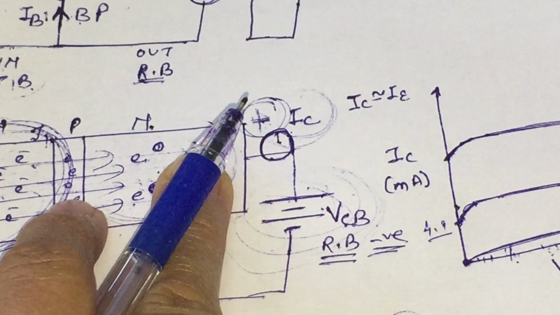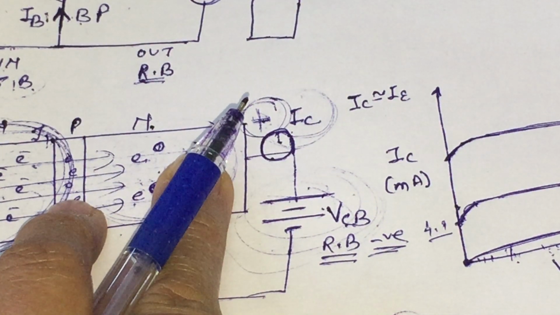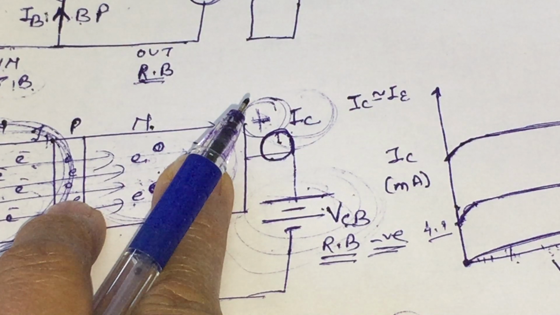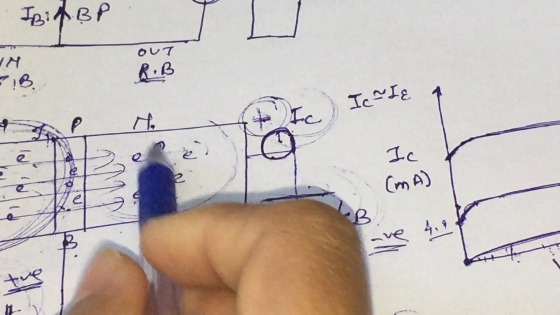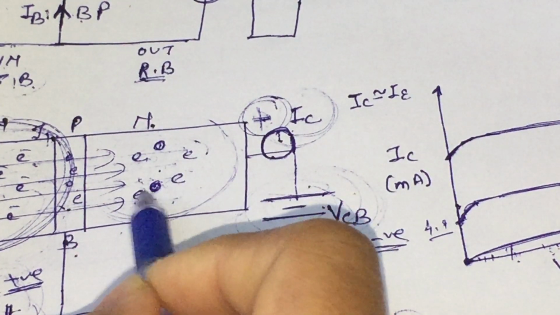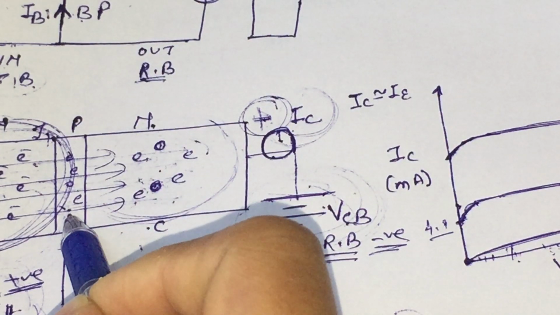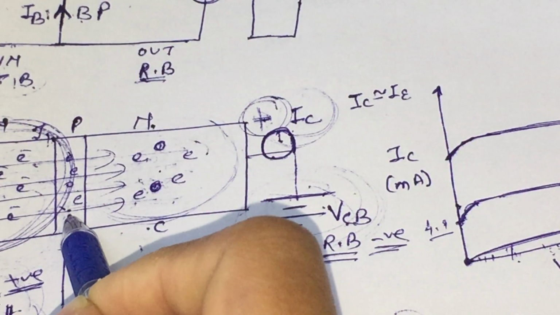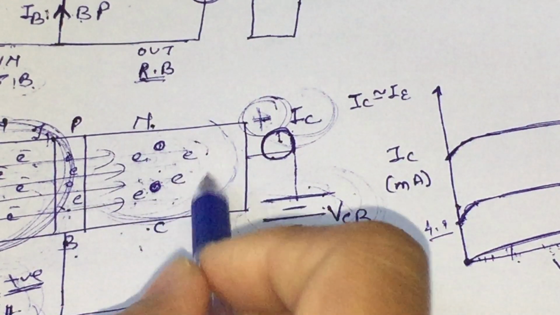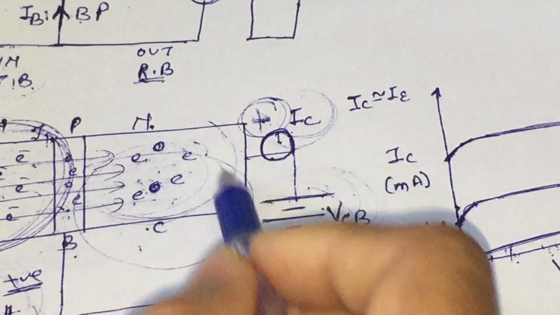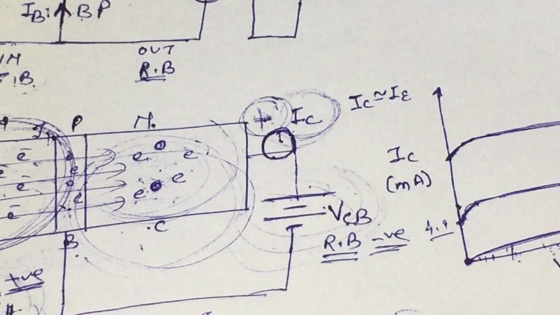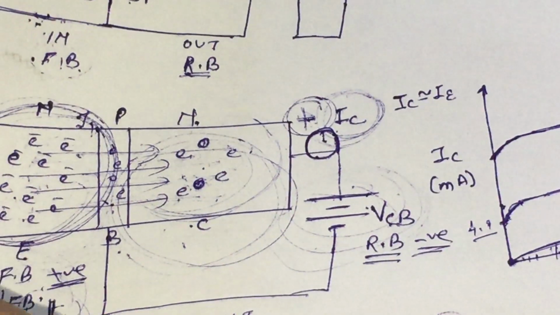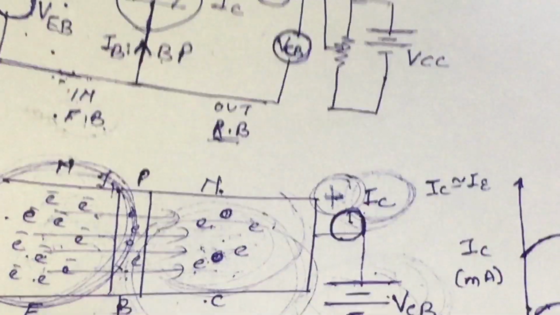These are the holes and electrons which are produced at room temperature in semiconductors when the covalent bonds between the silicon atoms break. These holes in the n region and these electrons in the p region are the minority charge carriers, and due to the flow of these minority charge carriers there is a flow of current in this loop. It means there is some collector current even when we have no emitter current.